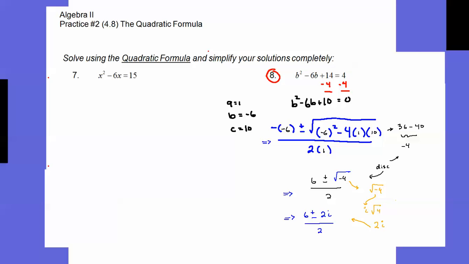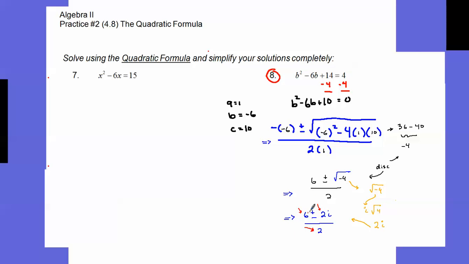Now, we're done with the radical. However, we need to look at the values in the fraction. This 6 and this 2 and this 2 are all divisible by the same value. Each can be divided by 2.